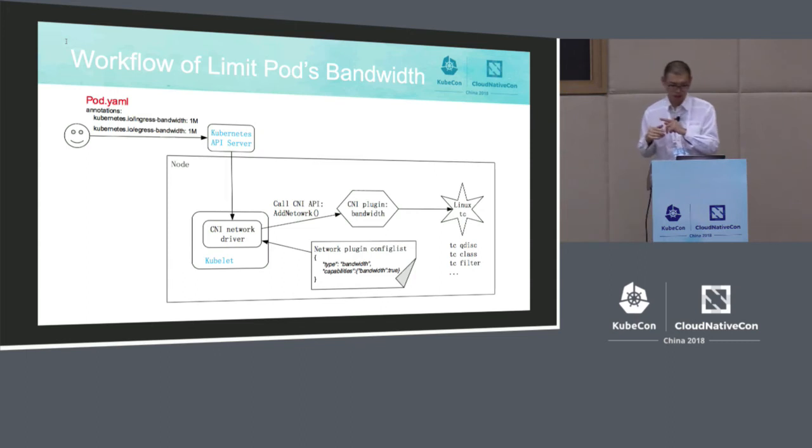And then analyze the data, the value, and then transmit this value. And then in this node, they will have the TC qdisc, TC class, and TC filter. So till now, this will be valid.